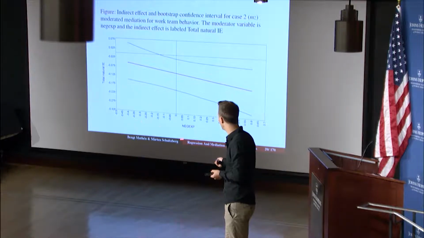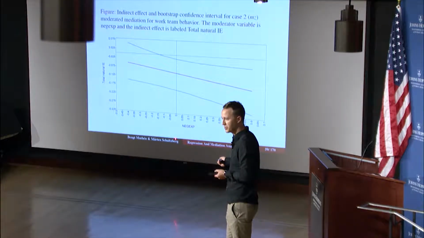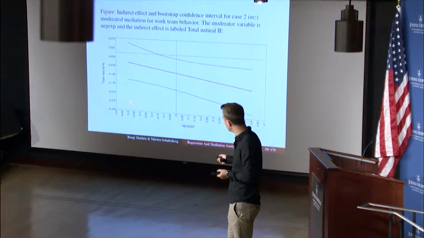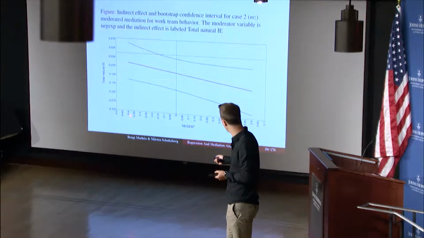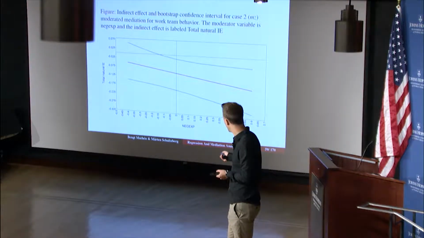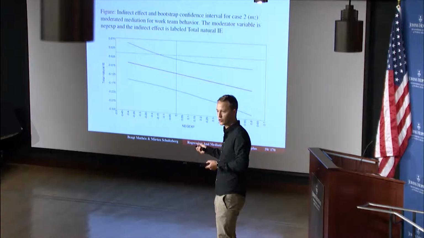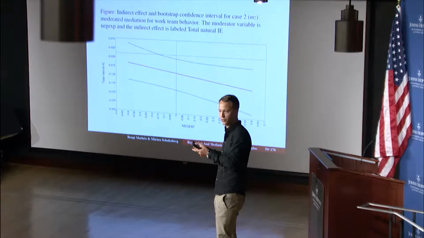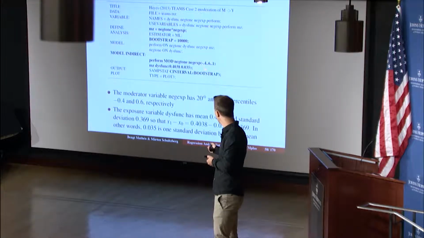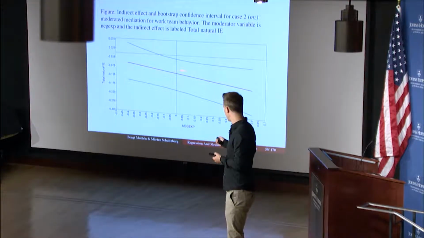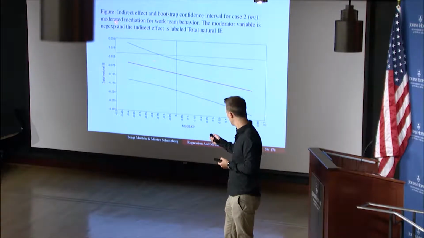And here we have exactly this. You can see on the x-axis we have neg x, which is the moderator. This plot starts at minus 0.4 and ends at 0.6. And the smoothness of this corresponds to this increment 0.1, so this corresponds to the value in parentheses after the moderator that we saw on the previous slide. And the line in the middle is the point estimate, and these bands are the 95% confidence interval.